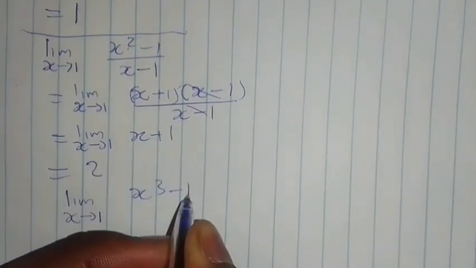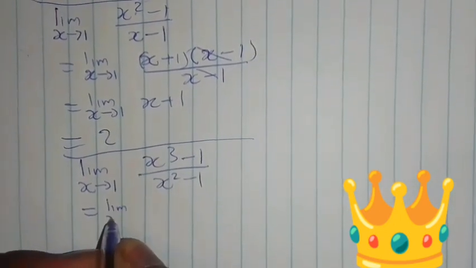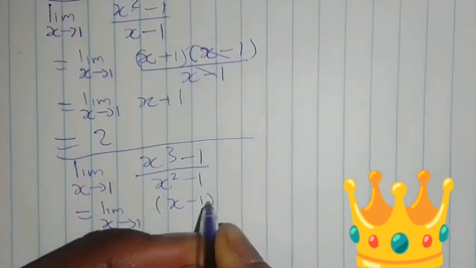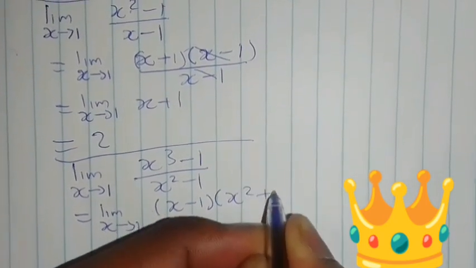Now you can also evaluate the limit when x goes to 1 of x cubed minus 1 over x squared minus 1. What you're going to do is factor this. When you factor the numerator, you're going to have x minus 1 into x squared plus x plus 1.